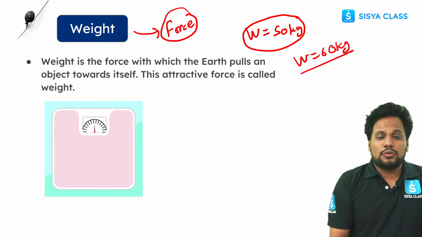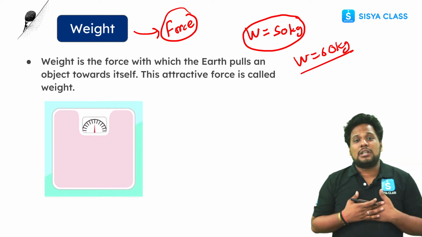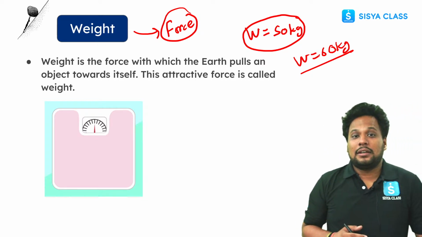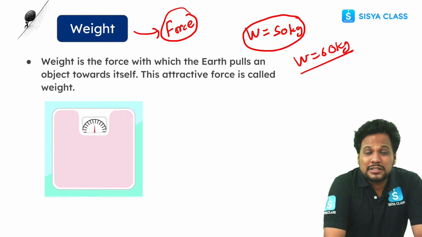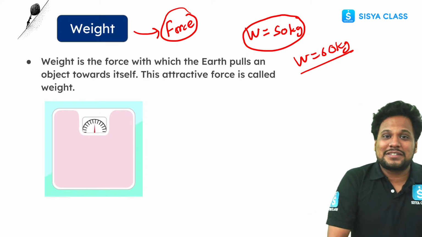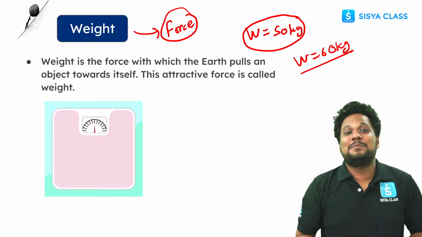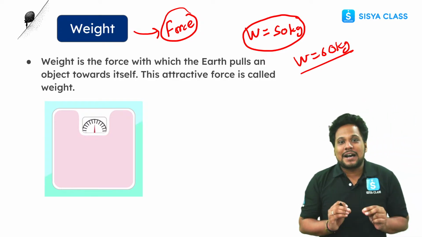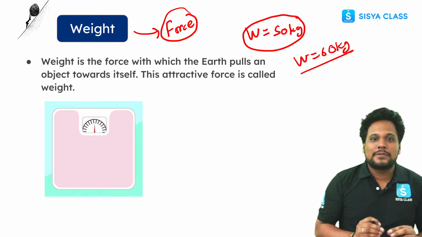But that is not the correct thing, because the unit of weight is not kg. Weight is actually a force. Weight is not mass. Weight and mass are completely different concepts. They are not the same thing.